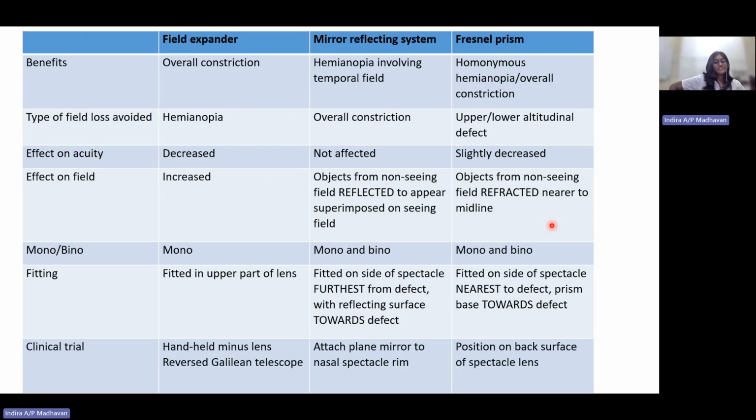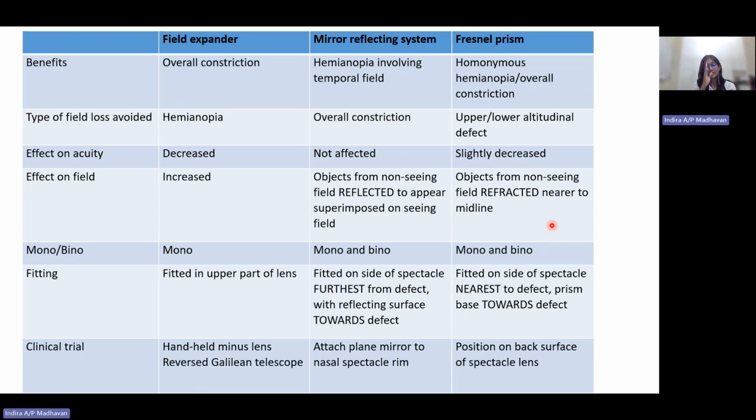So where do we fit this? An example case is homonymous temporal hemianopia, where the patient cannot see these two sides. The Fresnel prism will be fitted to the temporal side, the right temporal and then the left temporal side.